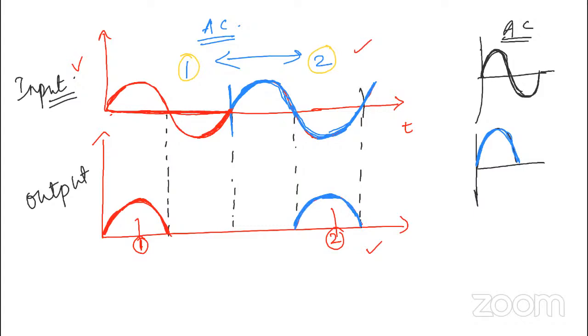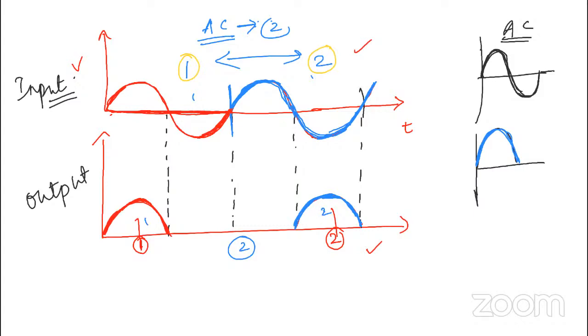So here, how many frequencies are in the AC input? It is 2. And here, how many frequencies are there in the DC output? It is also 2. Okay, so here it is 2, 1, 2, and here it is 1, 2. Now it is clear.